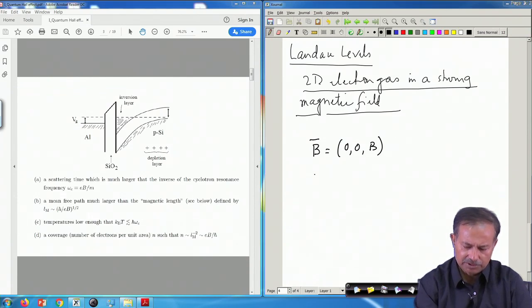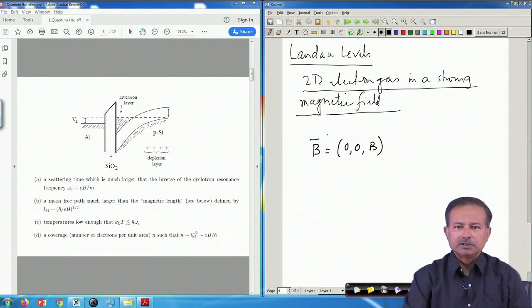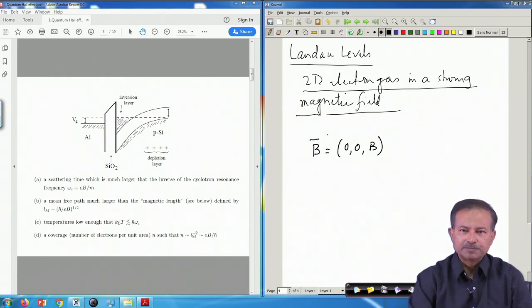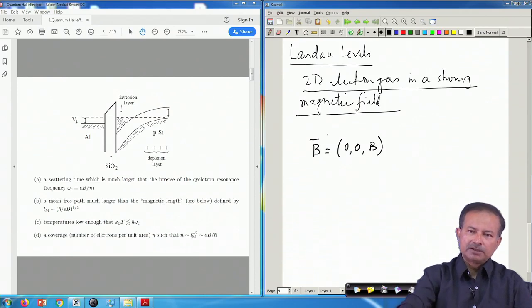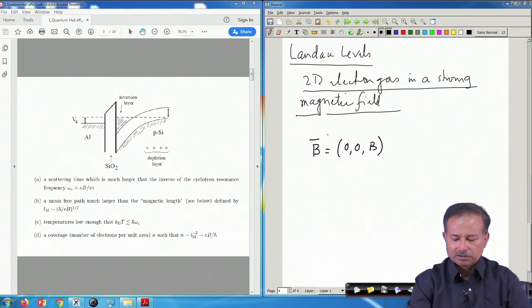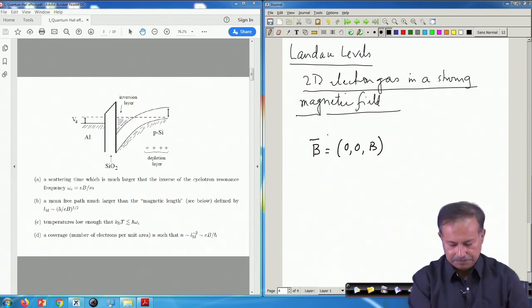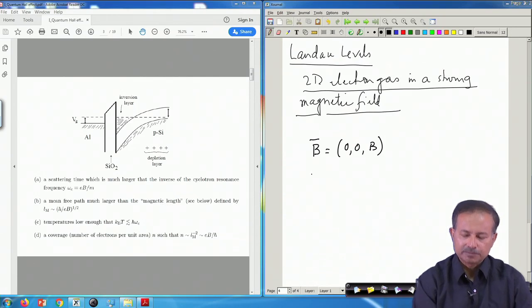The other thing that one assumes is that the spin degree of freedom is already frozen, because the magnetic field is fairly high. So, the spins have all aligned along the direction of the magnetic field. So, we will not bother about the spin part of the Hamiltonian, that will not give us any new result. So, then only the orbital part is necessary.